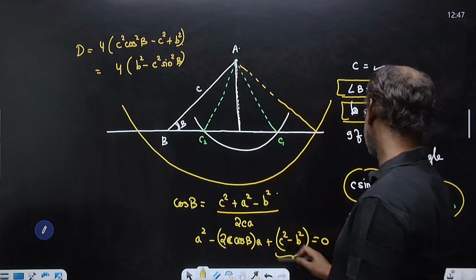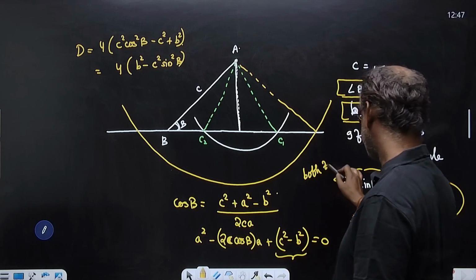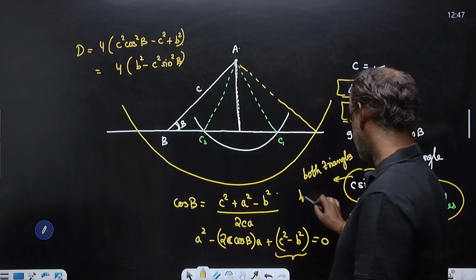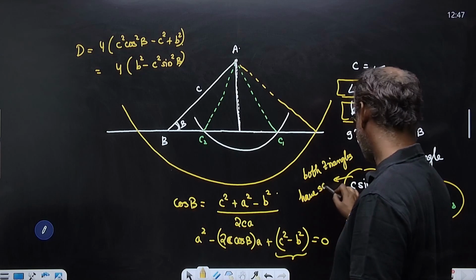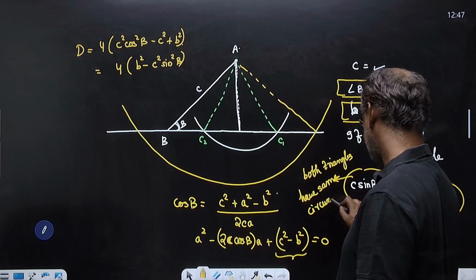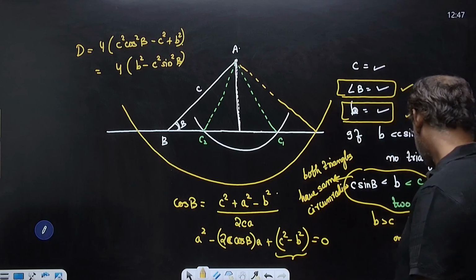Both the triangles in this case have the same circumradius, isn't it?